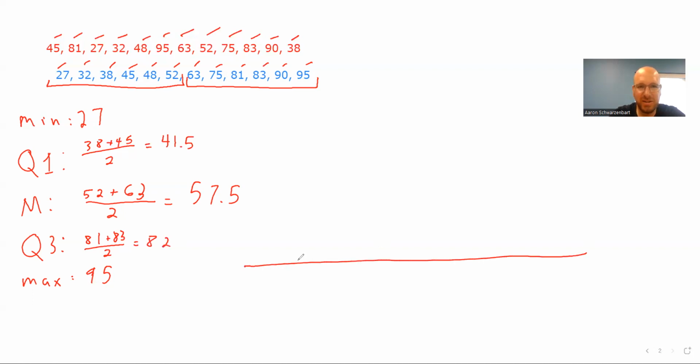To make my box plot, I'm going to number by tens this time because these numbers are kind of big.